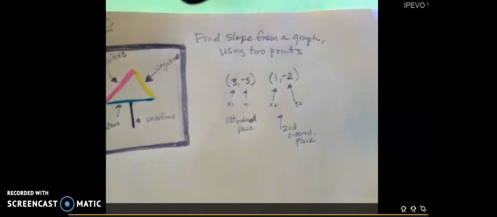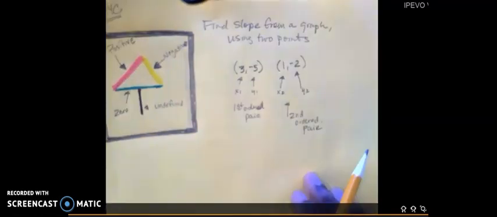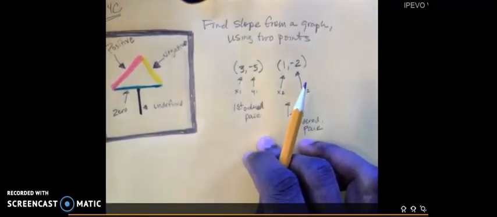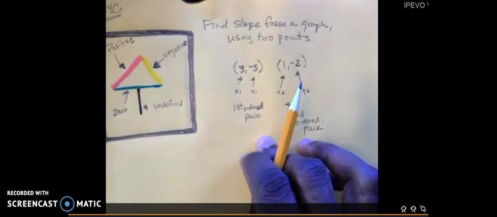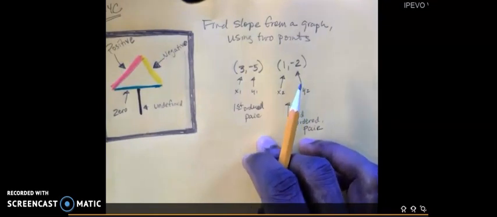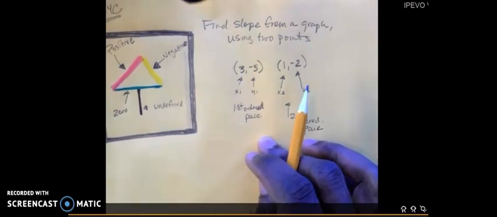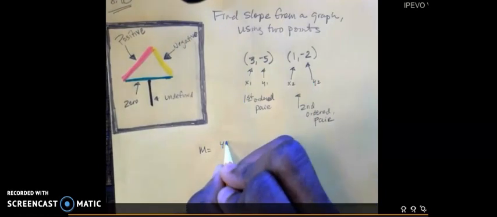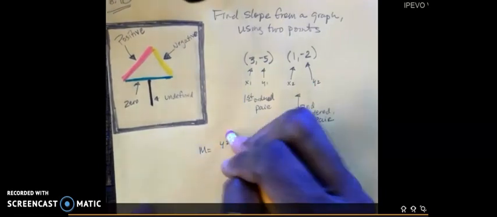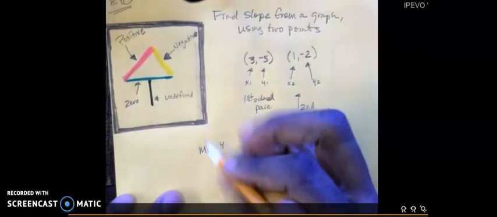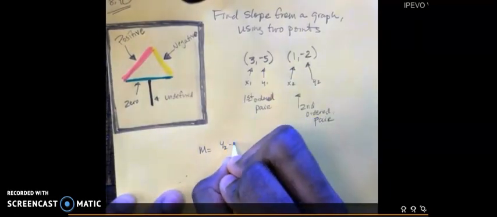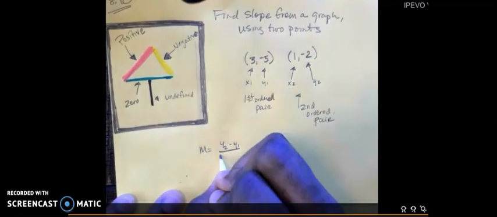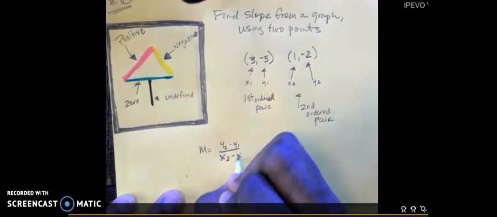Okay, so as we see here, I have the points that I'm going to be dealing with. The points are 3, negative 5, and 1, negative 2. So at this point I want to start calculating our slope. We know that our slope formula says that this will be y2 minus y1 over x2 minus x1.